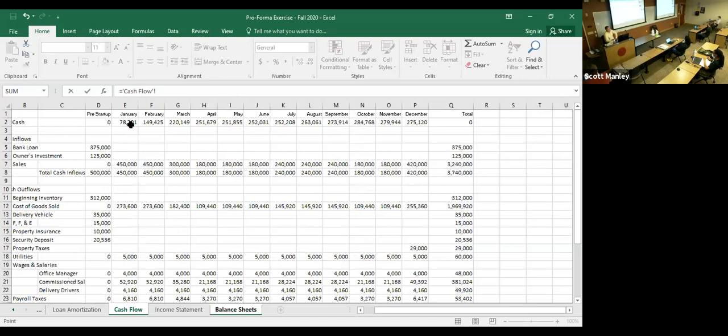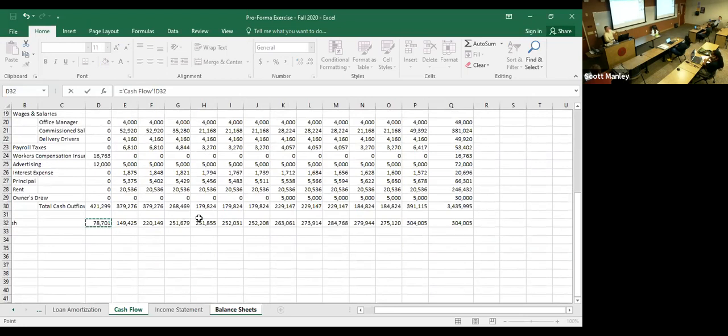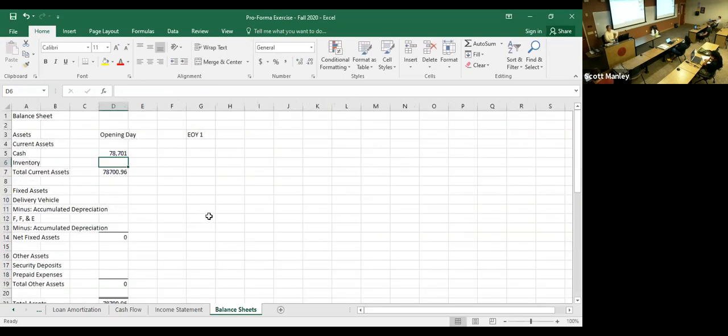I could say this is beginning cash for January. That's valid. Or I could say ending cash for pre-startup. So my formula simply says equal, go to my cash flow, whatever is in cell D32, bring it over.